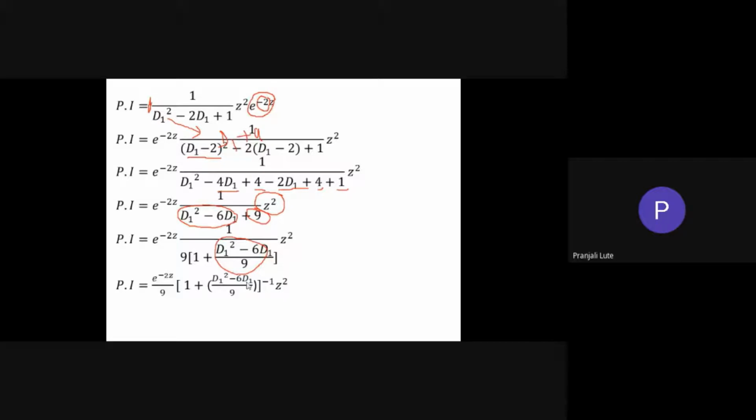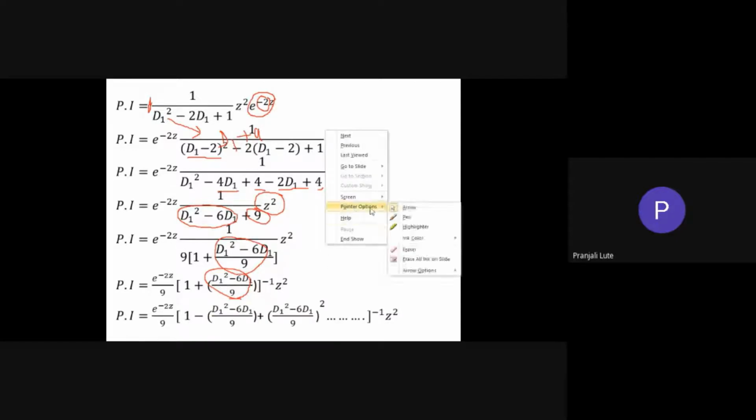So here we have to apply the binomial expansion, where 1 plus this term is x. We already discussed the binomial expansion. So write down e to the power minus 2z upon 9 as it is, and this is (1 plus x) inverse. The formula of (1 plus x) inverse is 1 minus x plus x square and so on.